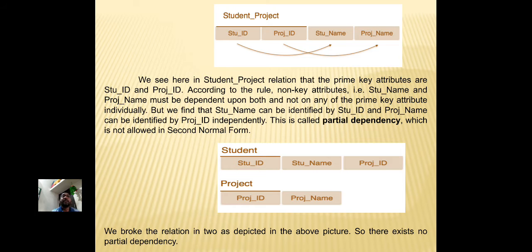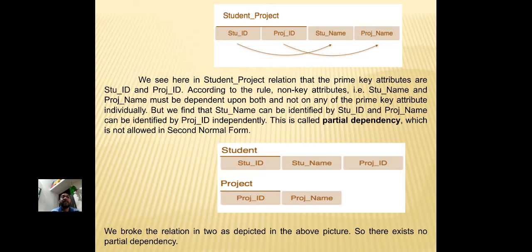Table: student project, with student ID, project ID, student name, project name. We see here in the student project relation that the prime key attributes are student ID and project ID. According to the rule, non-key attributes student name and project name must be dependent upon both, and not on any of the prime key attributes individually.